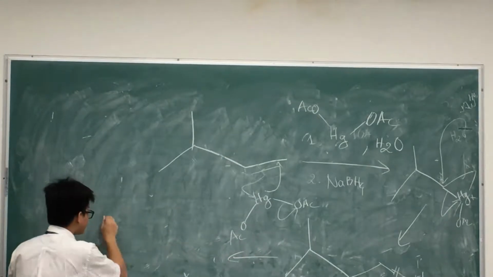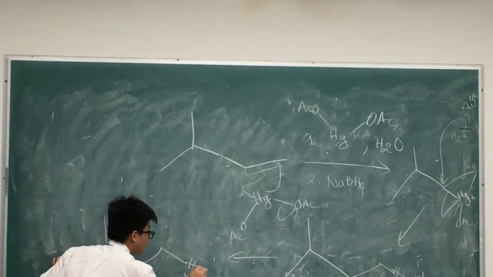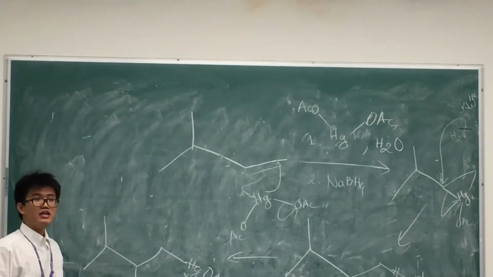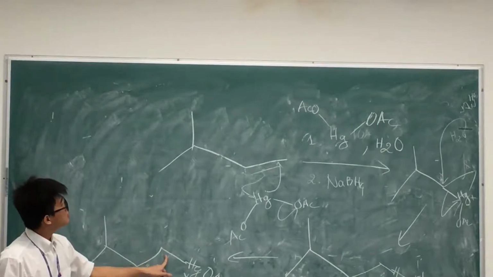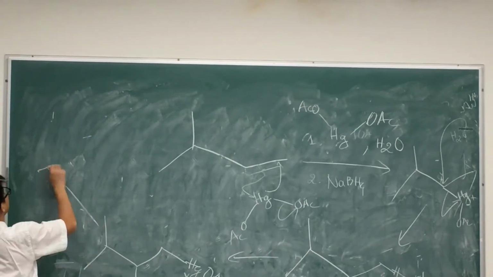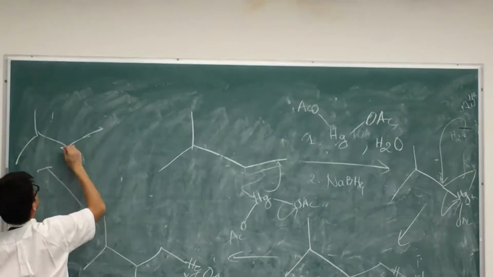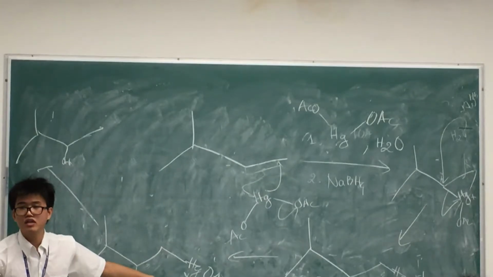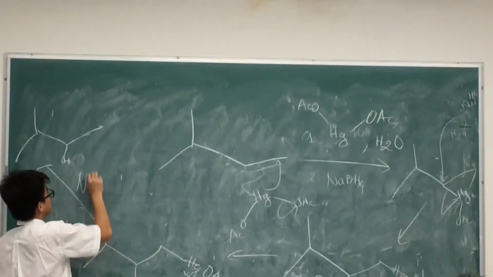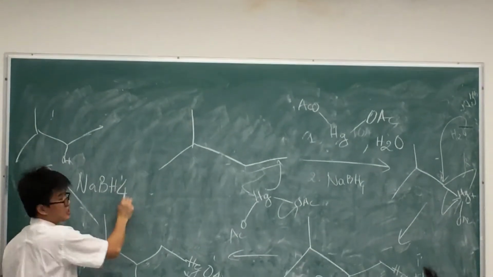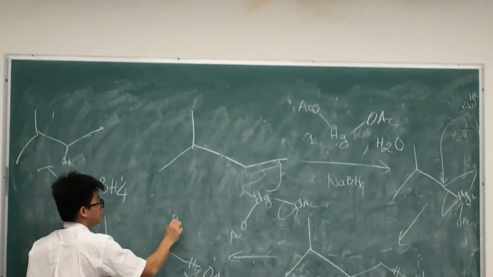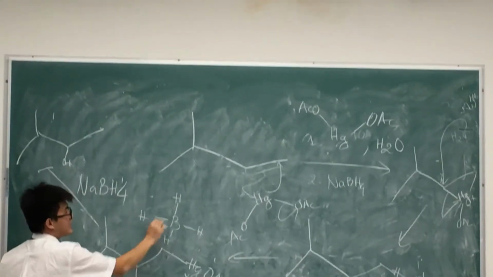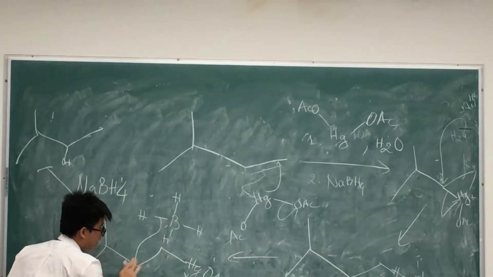And then after the first reaction, I will have this structure. See? And the next step, oh, this is not what I want. I want this one, right? But in here, I have an HgOAc. I need to add a reducing condition. You know why? BH4 minus.